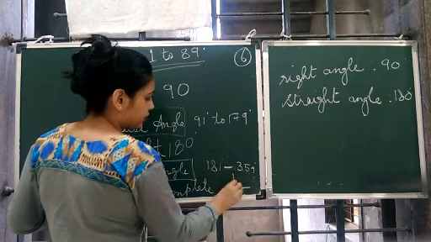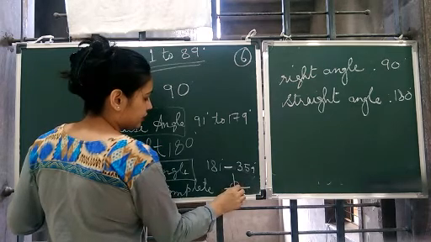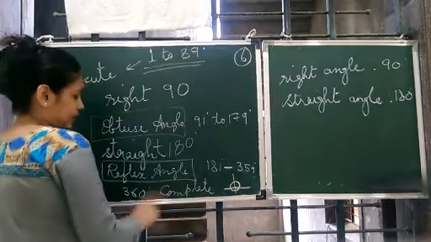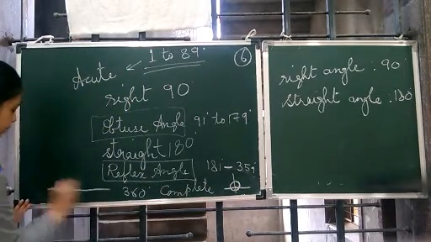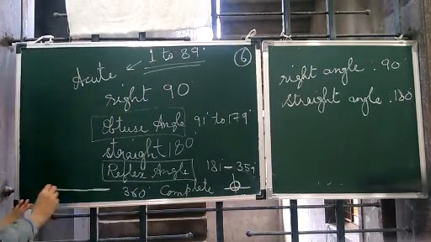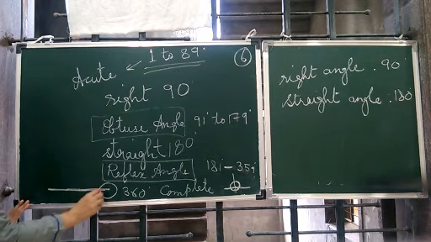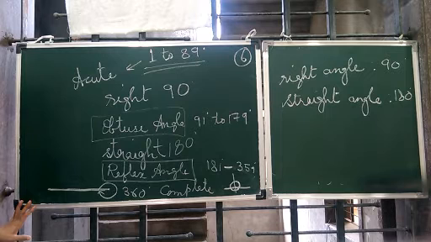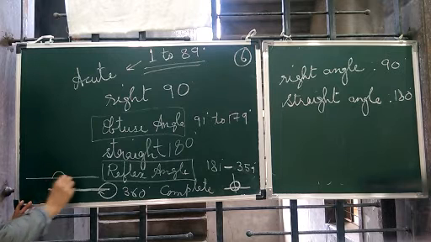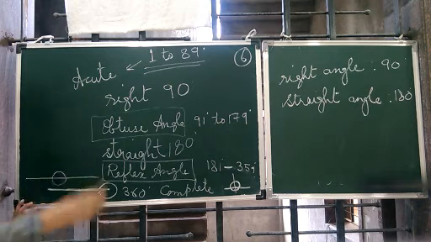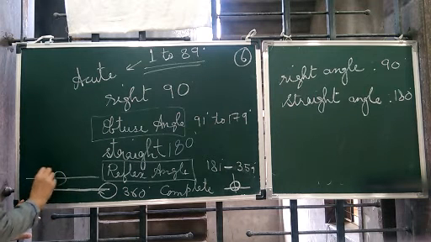This is 90, this is 90, this is 90, this is 90, so this is total 360 degrees. So how do we make a complete angle? Both the rays coincide with one another. Or you can make this 180 here and 180 here, that is two straight angles. That is one revolution we say, known as a complete angle, or 360 degree.